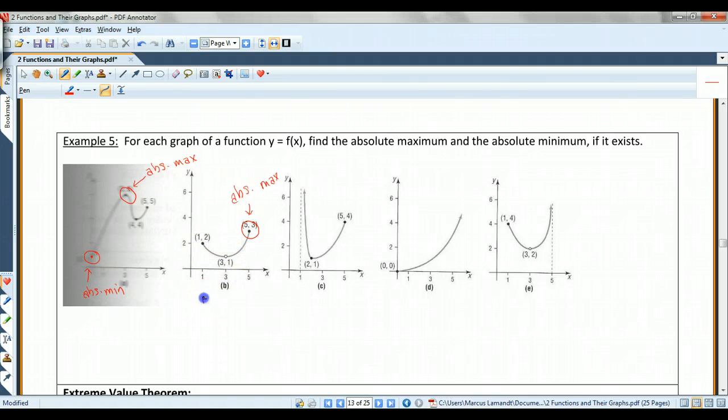So there is no absolute min. Over here, once again, we have an infinite discontinuity up here, so there is no absolute max. But the absolute min is down here.